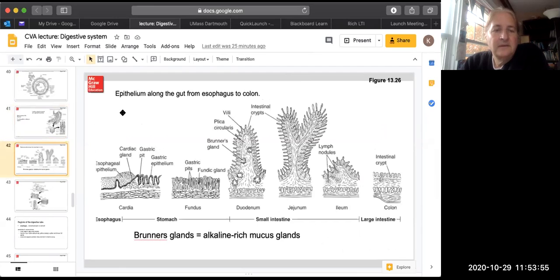Here is the epithelium, the gut lining, as you go from anterior to posterior in the gut tube. At the esophagus, it's very thin. As you get into the stomach, the stomach fluids tend to be acidic.